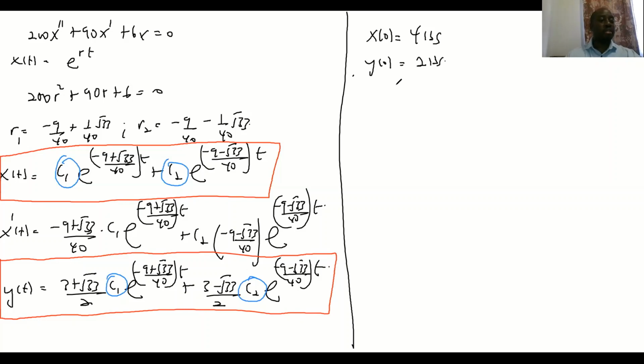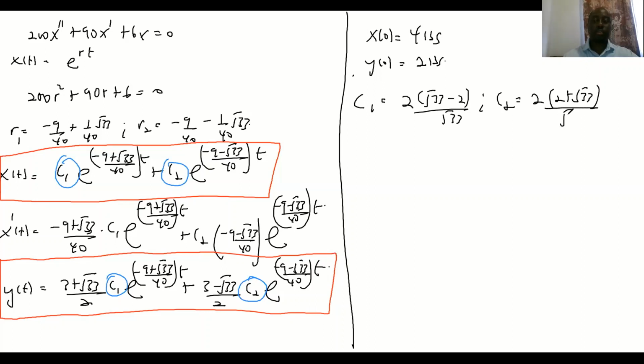Okay, if we apply these initial conditions, we're going to get that C1 is 2 root 33 minus 2 divided by root of 33, and C2 is 2 times 2 plus square root of 33 divided by the square root of 33.